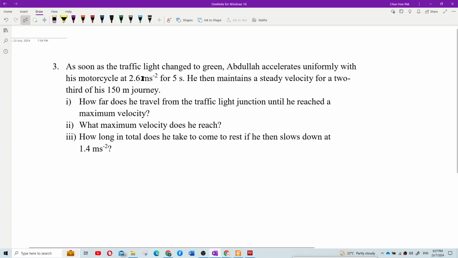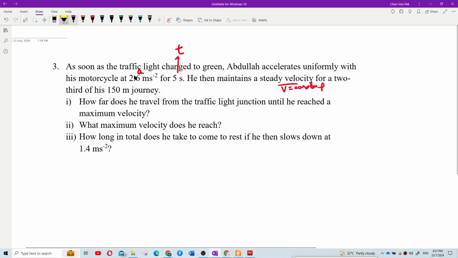Okay, so imagine this question. Traffic light becomes green. So Abdullah presses the start to accelerate the motorcycle. Press the oil. And then so got acceleration. This is the acceleration, and this is the time taken. And then maintain steady velocity. Steady velocity means v is constant for some point.